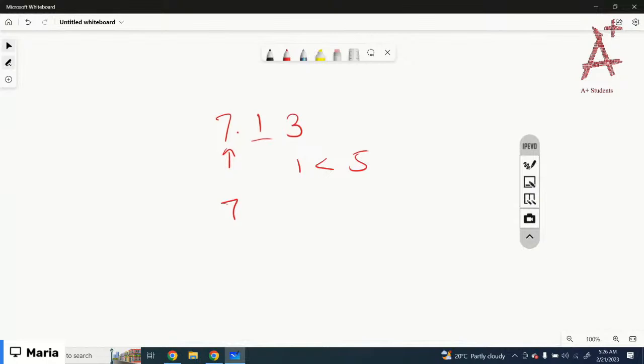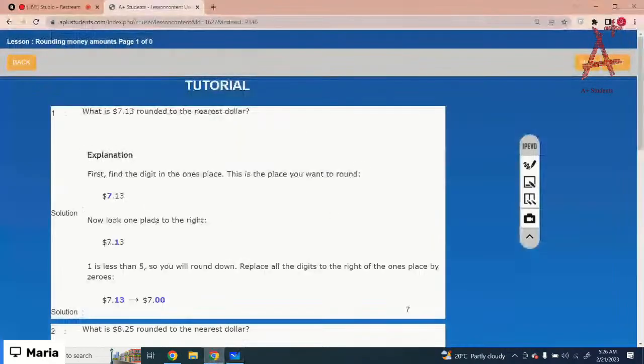Got it? So it would be rounded off to 7. The correct option is okay.